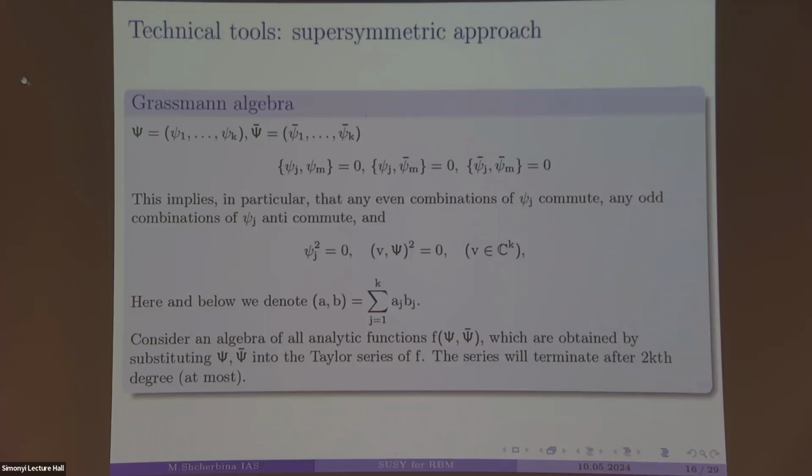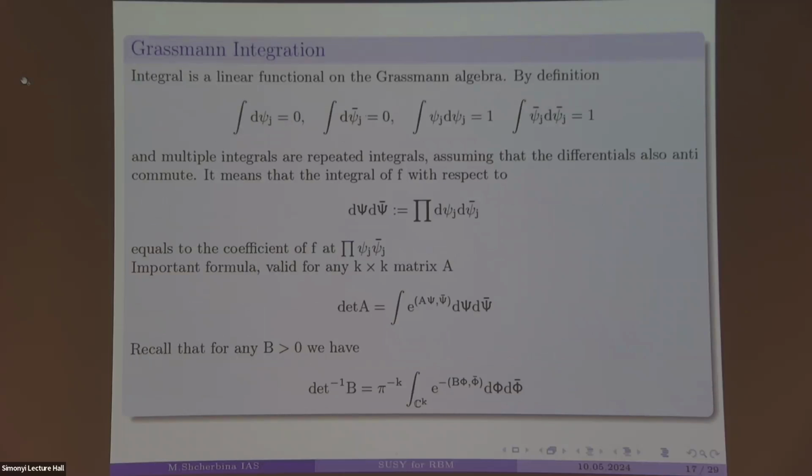And on this set of functions, you define a linear functional. I can say from the very beginning what it means, but it's more convenient to give the definition like it's done, for example, in the recent books by Efetov.